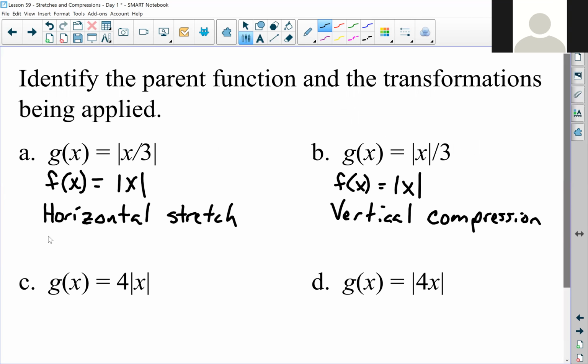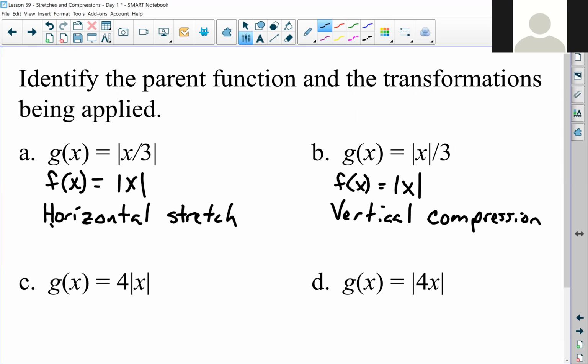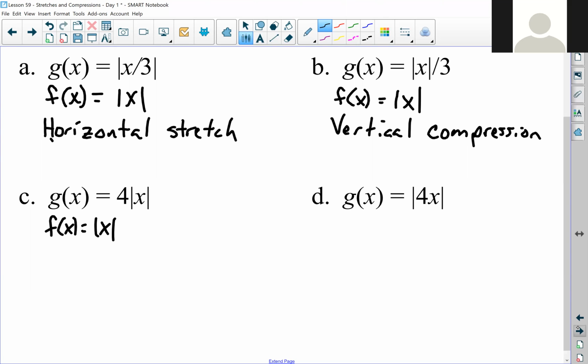And then again, my parent function on C. This is a vertical stretch because it's outside.